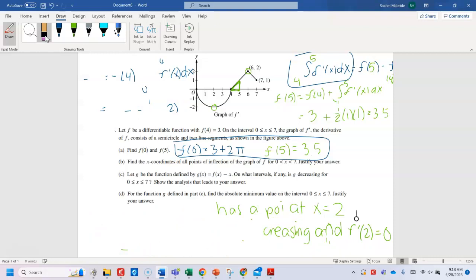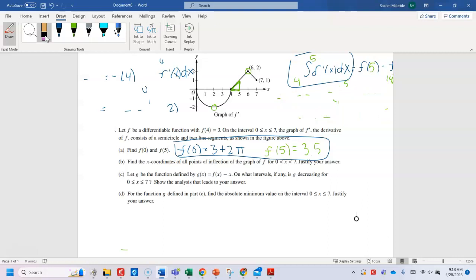Okay, part C. Let g be the function defined by g of x equals f of x minus x.